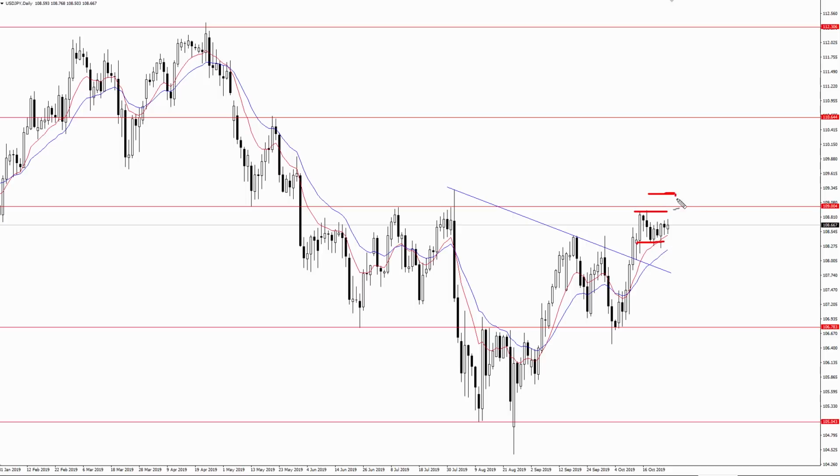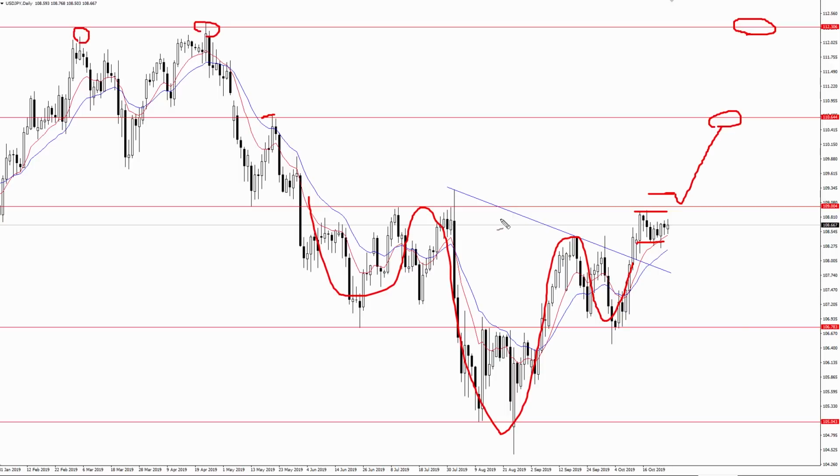Now, a daily close above 109 would expose that 110.60 area, and the measured objective for this inverse head and shoulders is, as I've been mentioning, up there around 112.30, just based on some of these highs recently, as well as the height of this inverse head and shoulders pattern.